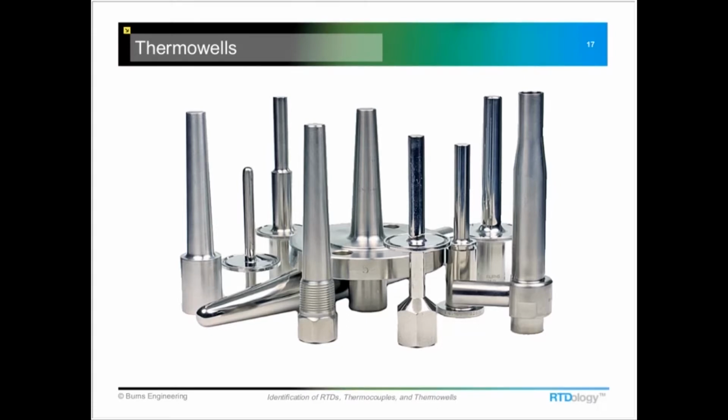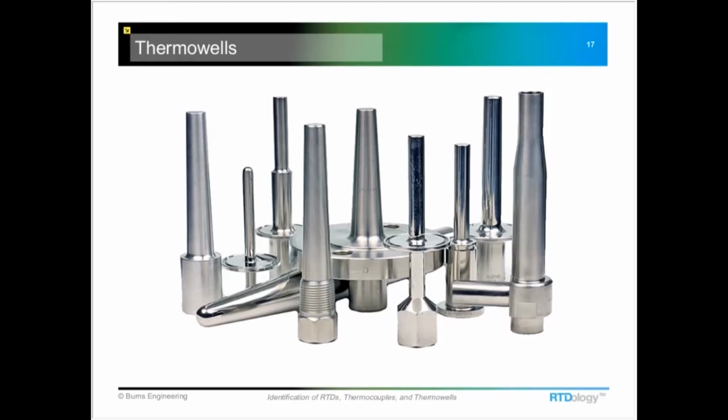I think the other thing to mention as you're trying to identify what type of sensor you might have, obviously the thing that you would start with is if you have an actual part number someplace in your system, that helps as well. Or if there's a tag on any place on the sensor itself or on the connection head, as much information as you can give us helps to identify what it is.